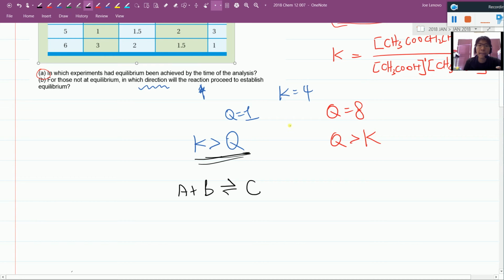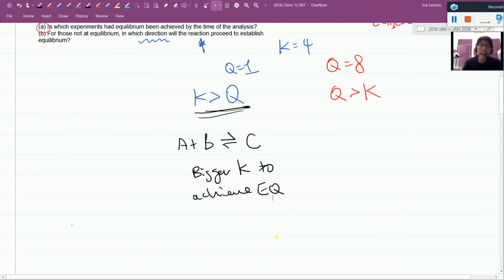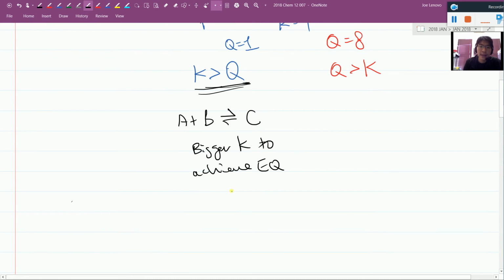In order to achieve equilibrium, we want to have a bigger K. We look at the expression, which is product over reactants. In order to get a bigger value, definitely the product needs to increase. If the product does not increase, you would not be able to get a bigger number.